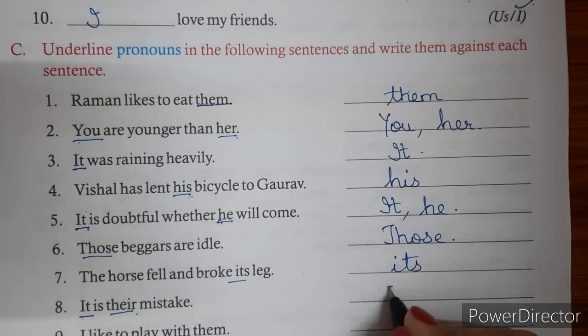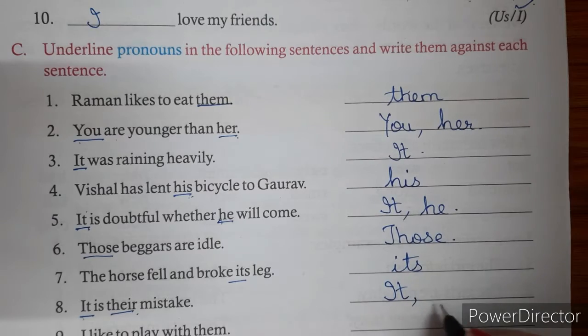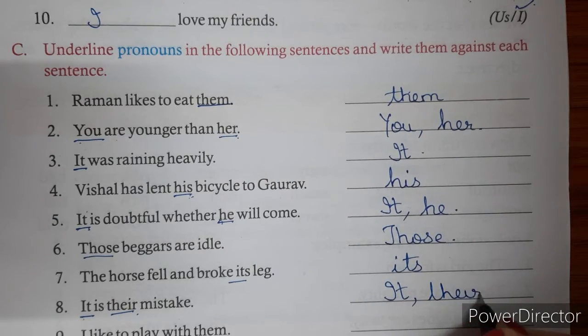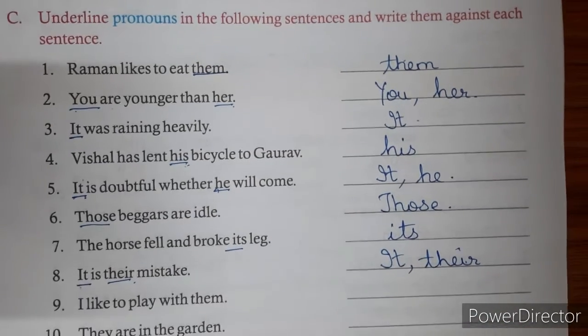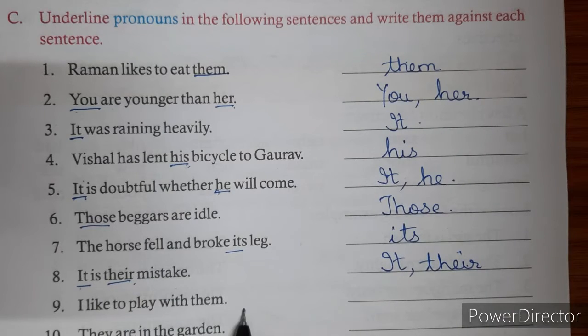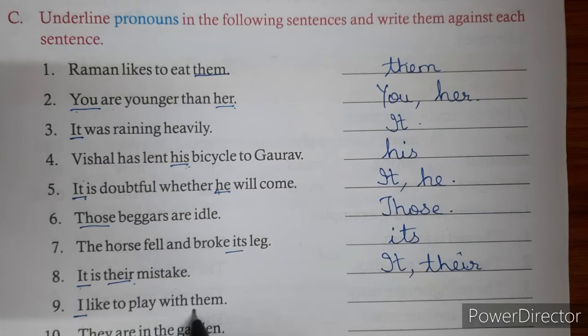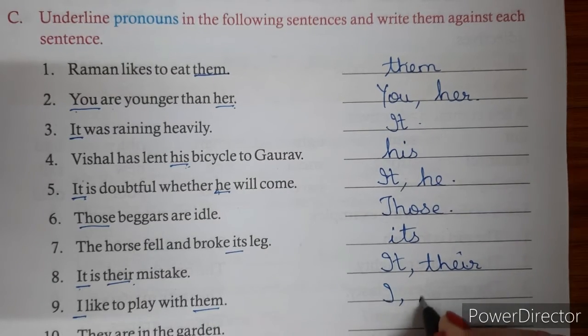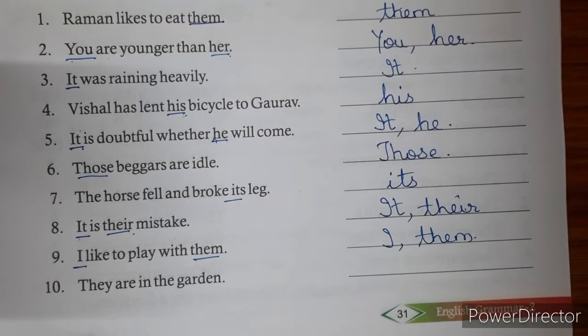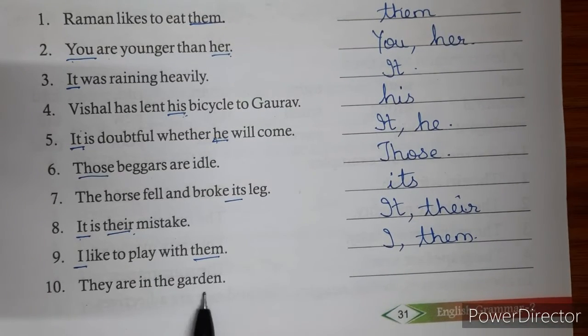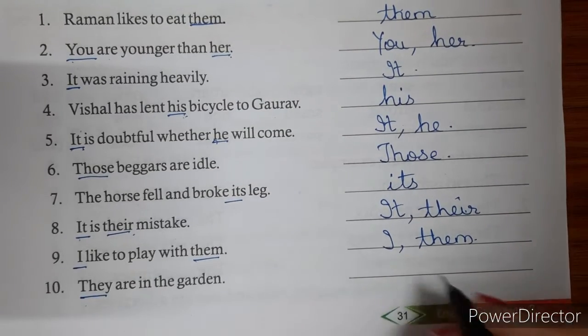These are words we use instead of saying the names again and again in the sentence. I like to play with them. I and them. And the last sentence is they are in the garden. They.